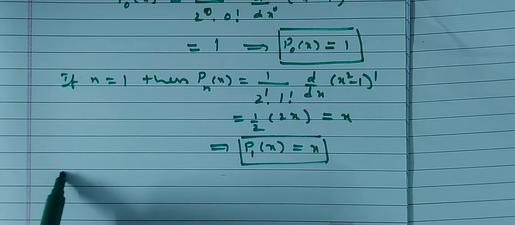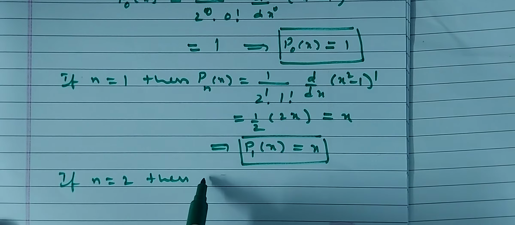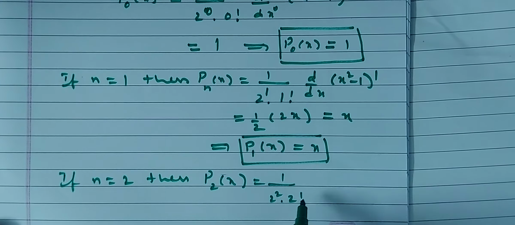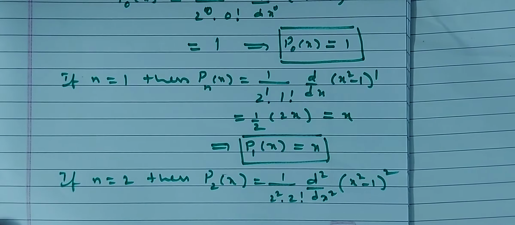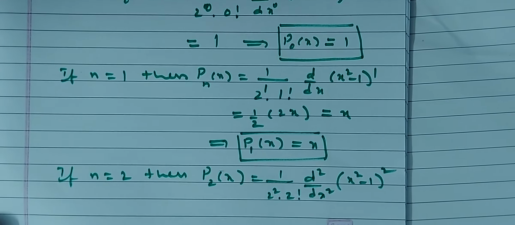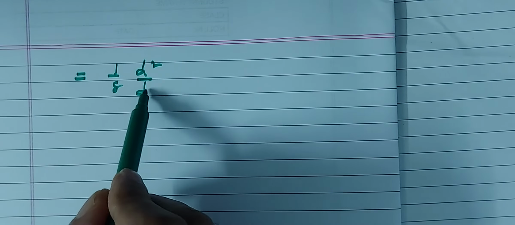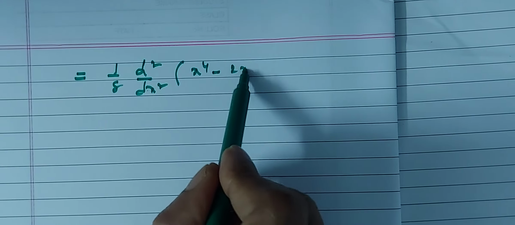If n is equal to 2, then P2 of x is equal to 1 by 2 square into 2 factorial into d square by dx square of (x square minus 1) whole square, which is 1 by 8 into d square by dx square of x power 4 minus 2x square plus 1.